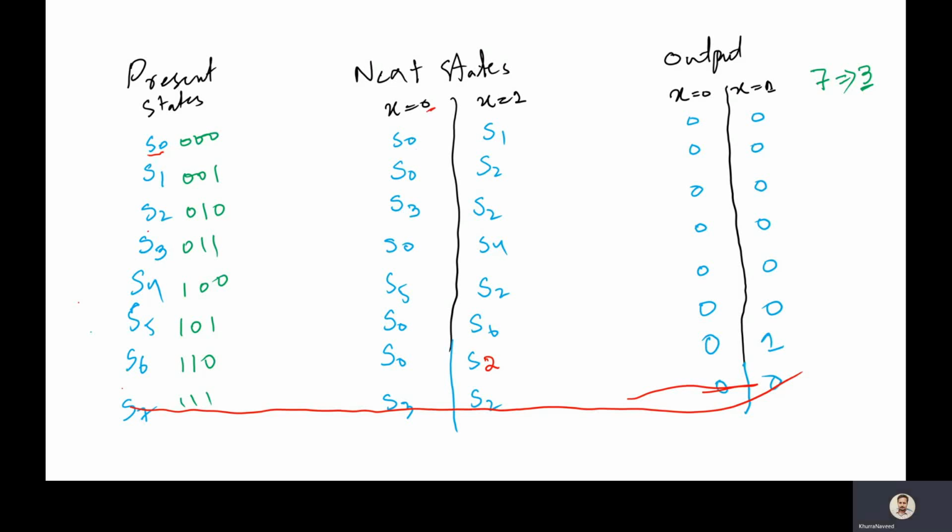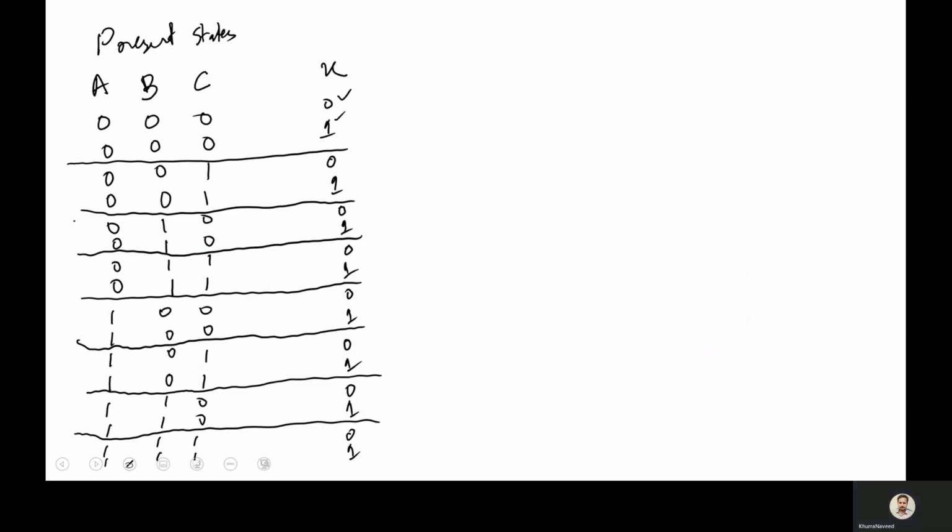And in case of input 1, next state is S1, right? So here let's write next state, so A, B, and C, and extend these separators.